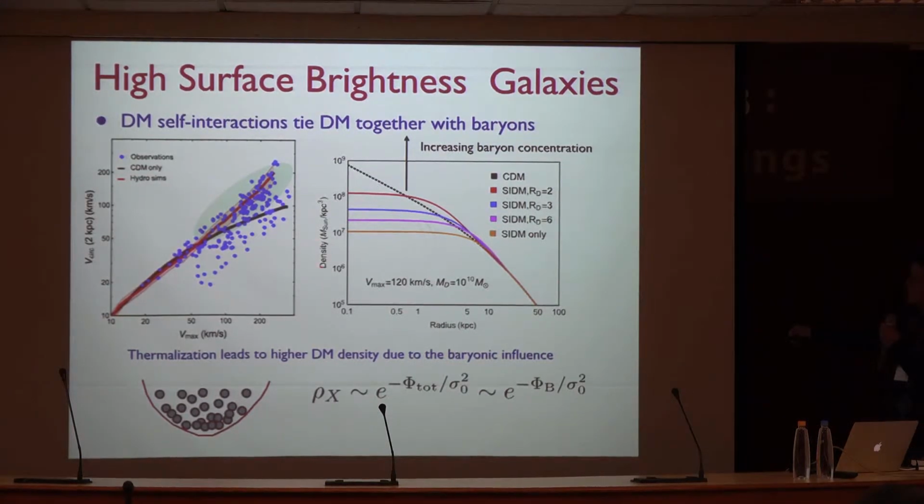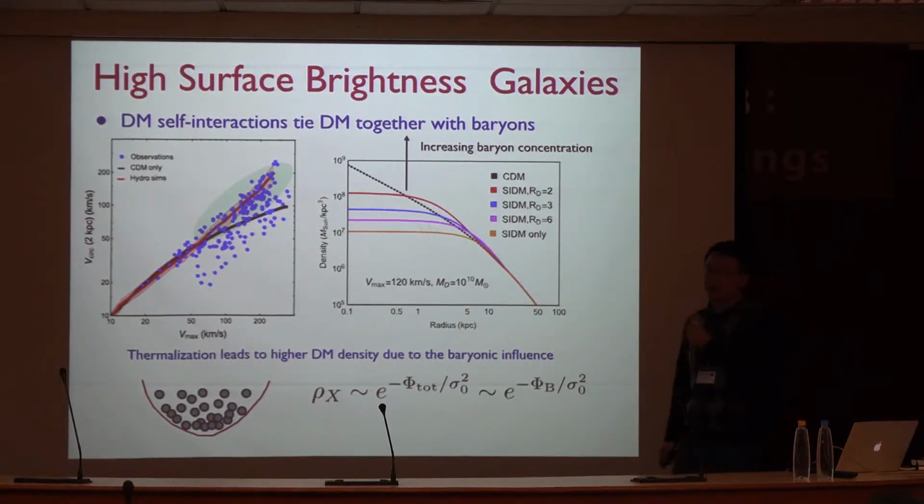As shown here, this is density as a function of radius, this is CDM, this is SIDM without baryons. Now if you add baryons, and you fix the baryon mass, but you change its distribution, you change its density, then you change the density around this region. The baryon density is high, and accordingly, the SIDM density becomes high. Right? So this is due to the thermalization.